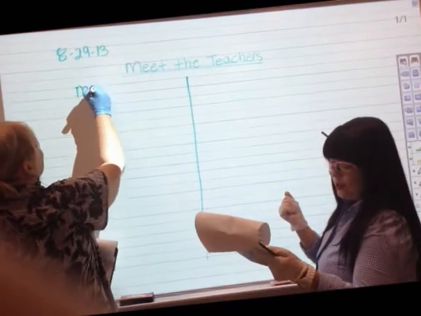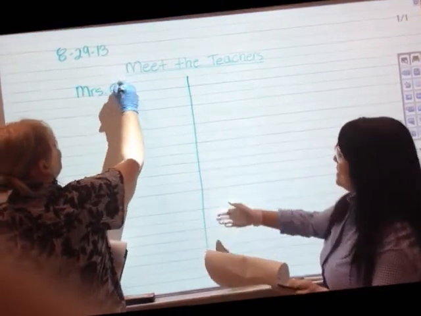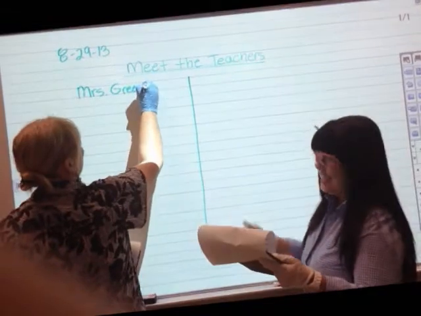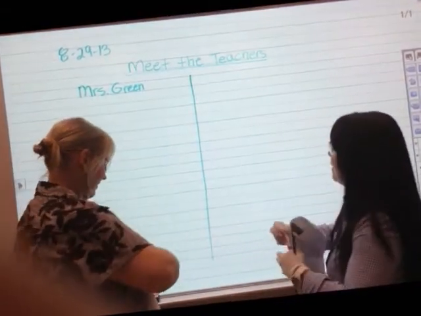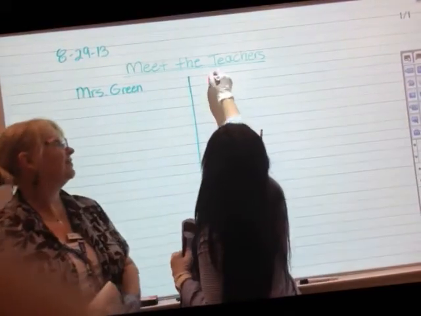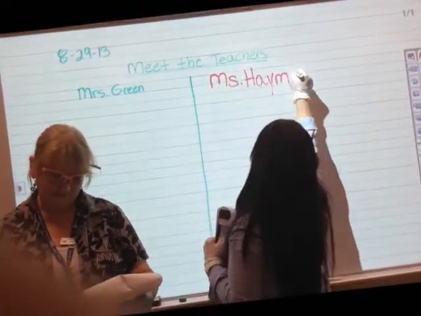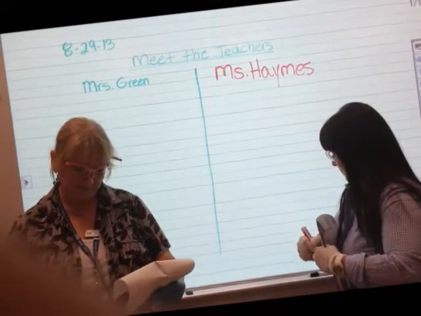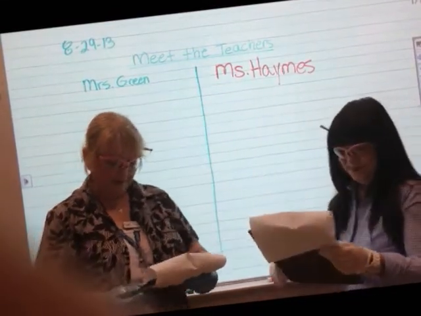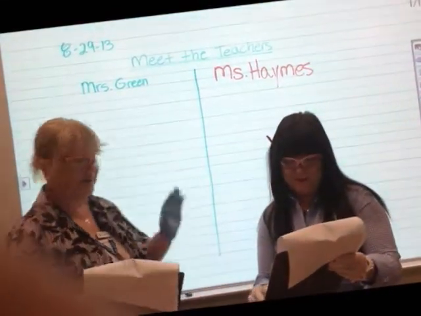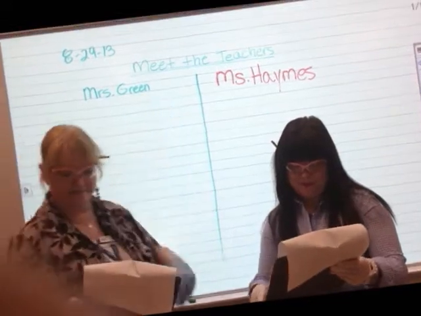To help us make our 2 columns, we've got a line down the middle, and then we're going to write the teachers' names above each of the columns. Remember, if you need to, pause the video. Make sure it looks like this one.